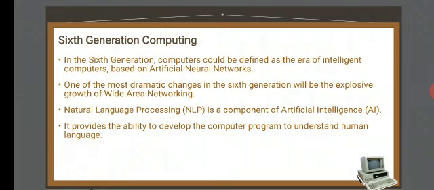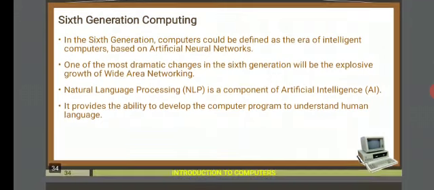That means there will be high growth in wide area networking. Then we are using natural language processing. NLP is a component of artificial intelligence that provides the ability to develop computer programs that understand human language.